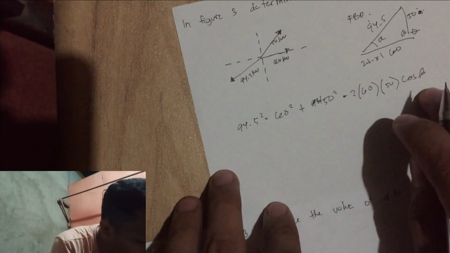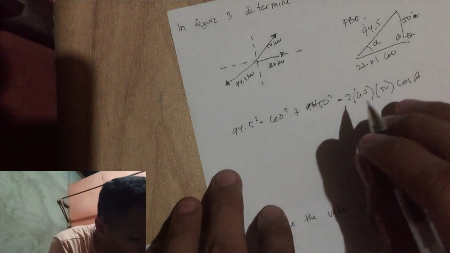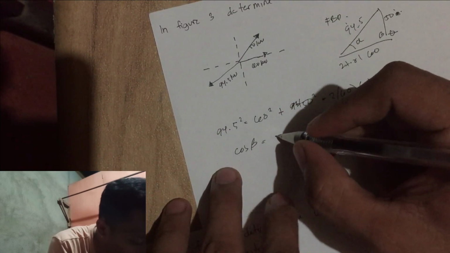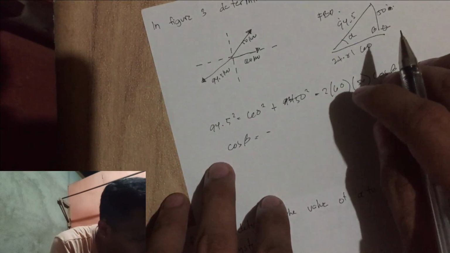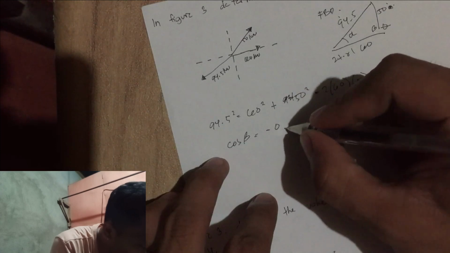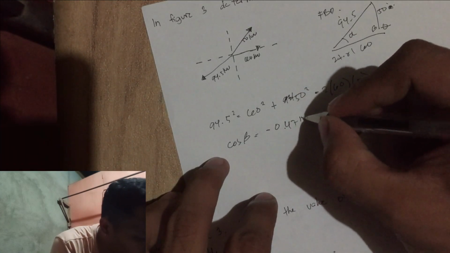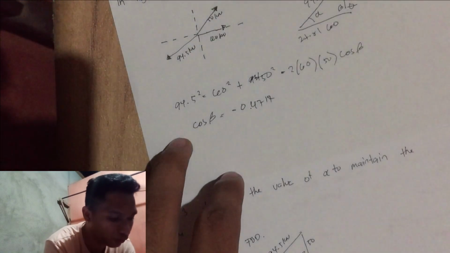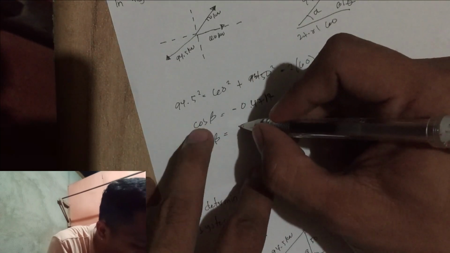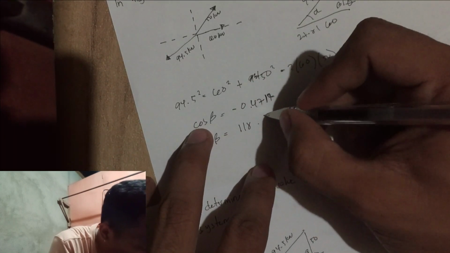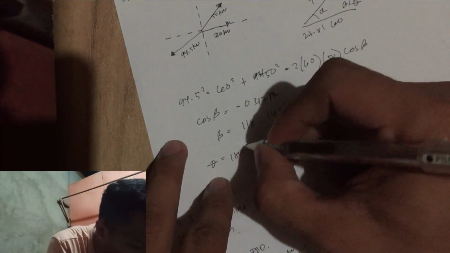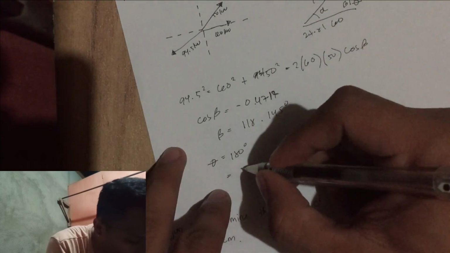In finding beta, using the calculator, we have cos beta equals negative 0.4717. So we have now beta, which is 118.145 degrees. Remember that our theta is equivalent to 180 degrees minus beta.